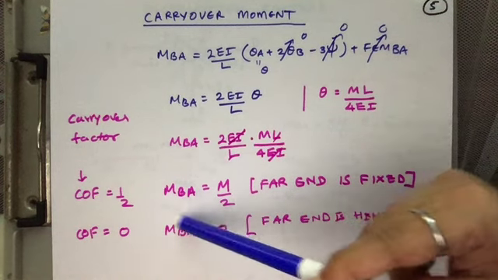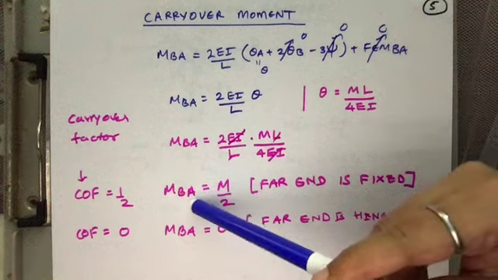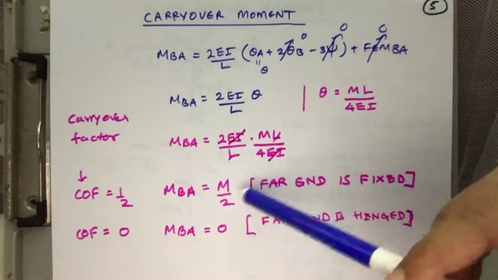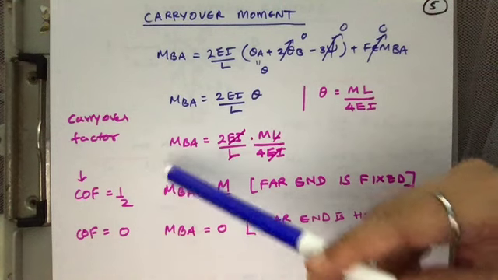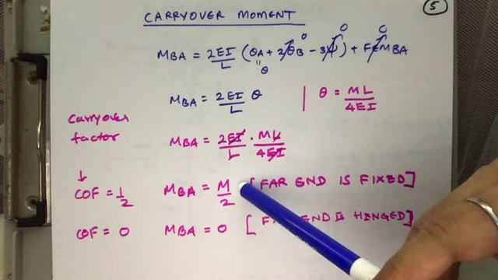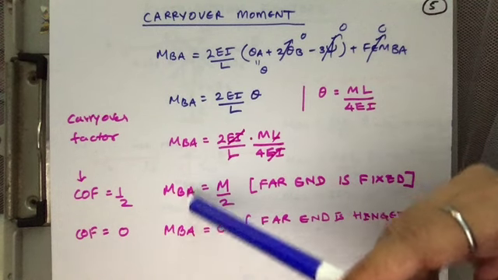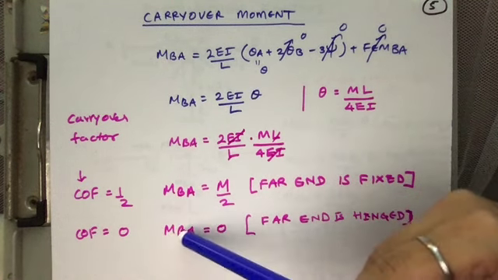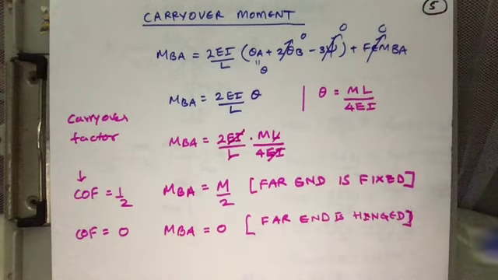So what are we going to achieve here? We are going to relate the far end moment MBA and the applied moment. This is the moment applied at A and this is the far end moment at B. You can see the far end moment is exactly half of the applied moment. And in the second case, when the far end is hinged, obviously MBA is equal to 0.